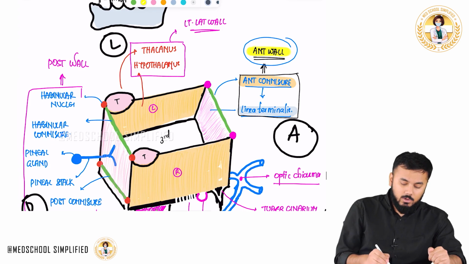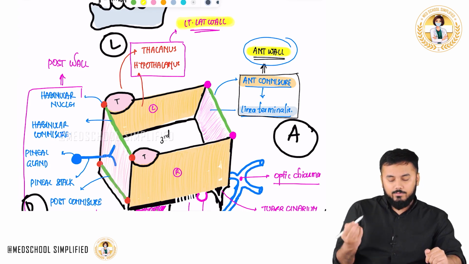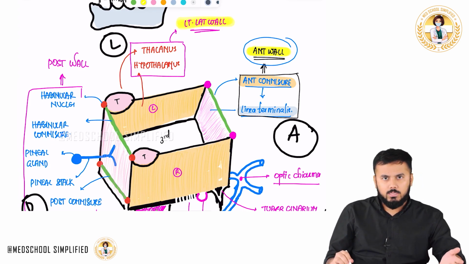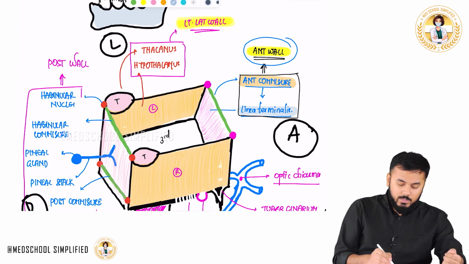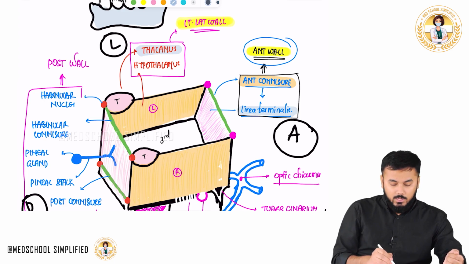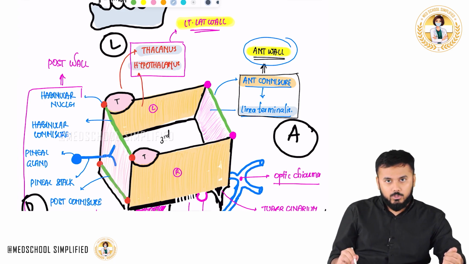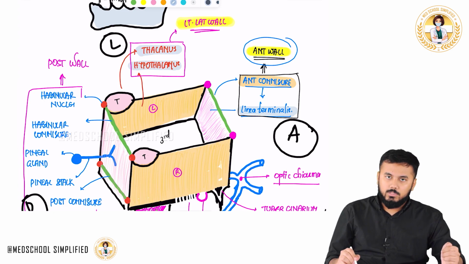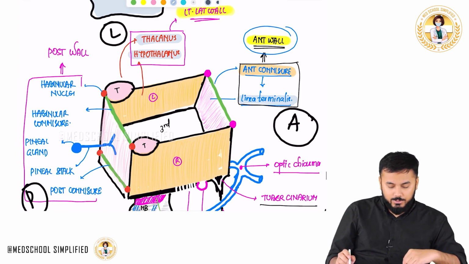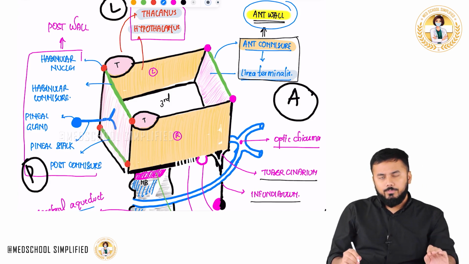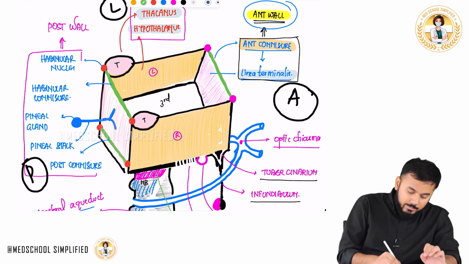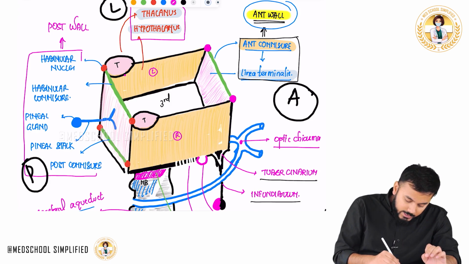Next, the lateral wall: the left lateral wall and the right lateral wall. The same structures are there on the left and right. We have the thalamus, and beneath the thalamus we have the hypothalamus. Down to the thalamus there are two important small bodies attached to it, like this.